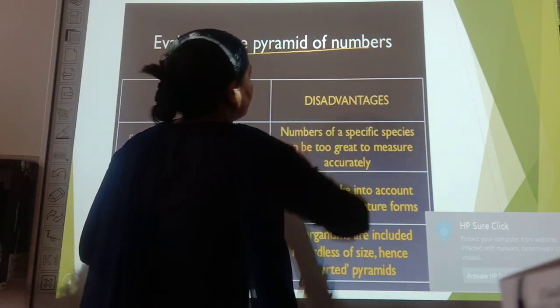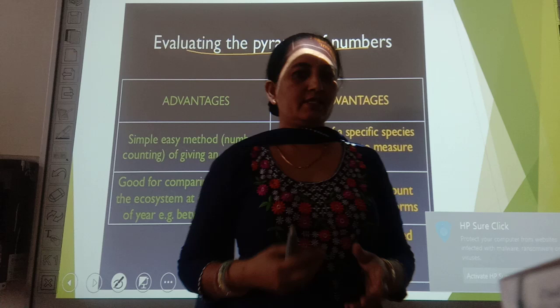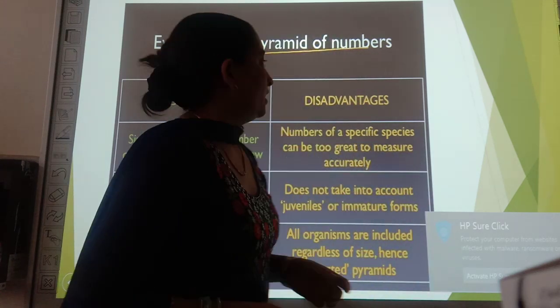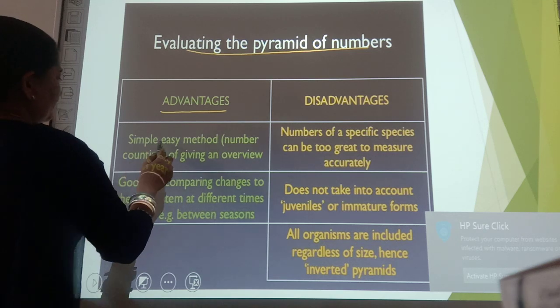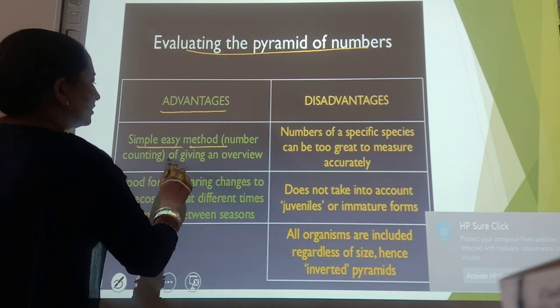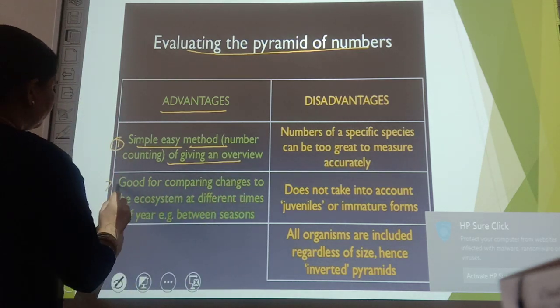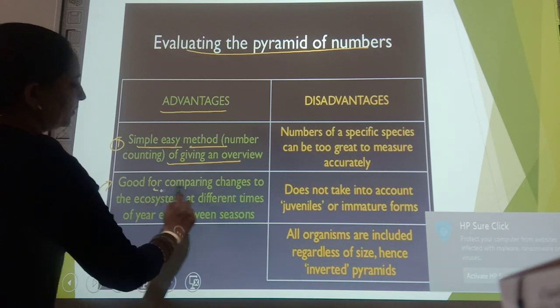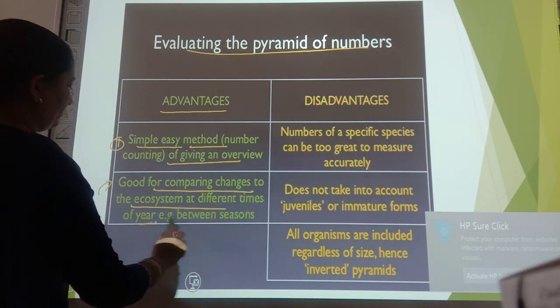Evaluating the pyramid of number shows some advantages as well as some disadvantages. The major advantage is that it is a simple, easy method giving an overview. Second, it is good for comparing changes to the ecosystem at different times of year.